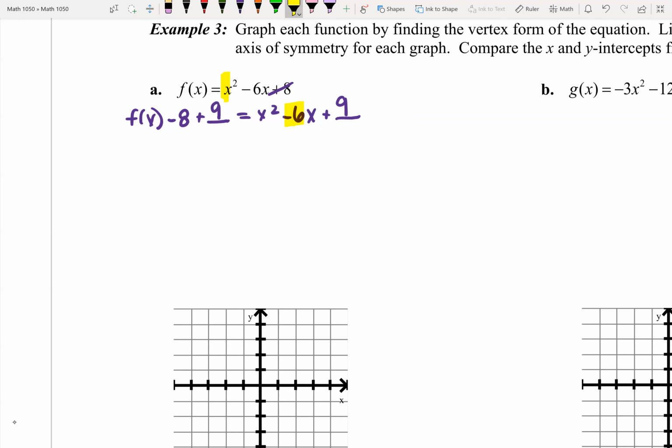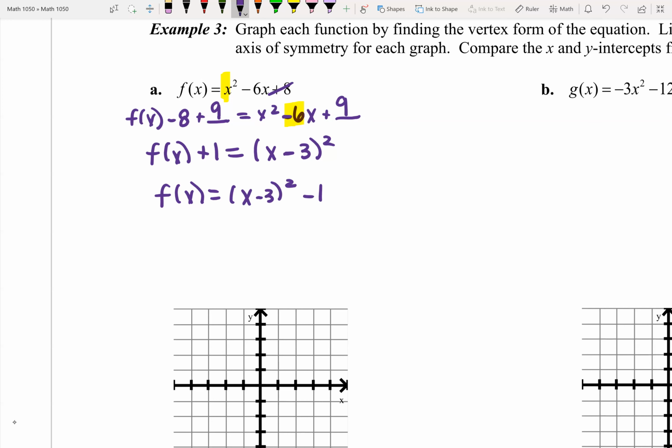It's so strange. Okay, so on the left, we have f of x plus 1 equals. On the right, we're going to factor, and it's an x. See this middle sign right here is a negative. Square root of 9 is a 3, and the whole thing's squared. And now solve for f of x, so it's f of x equals x minus 3 squared minus 1.